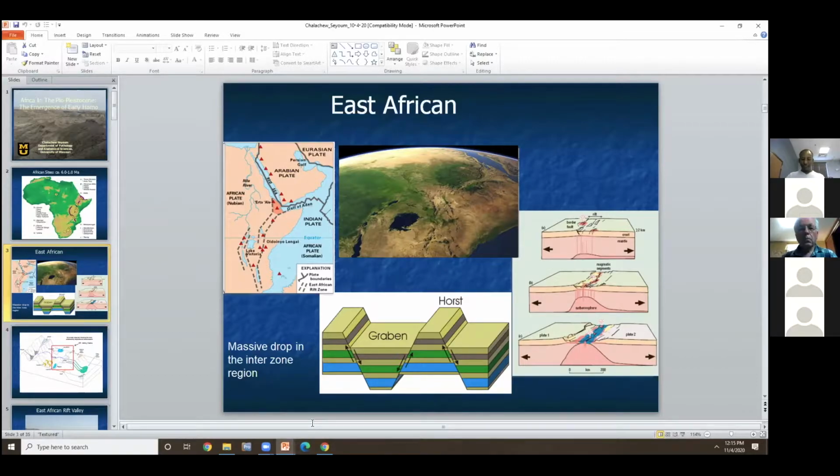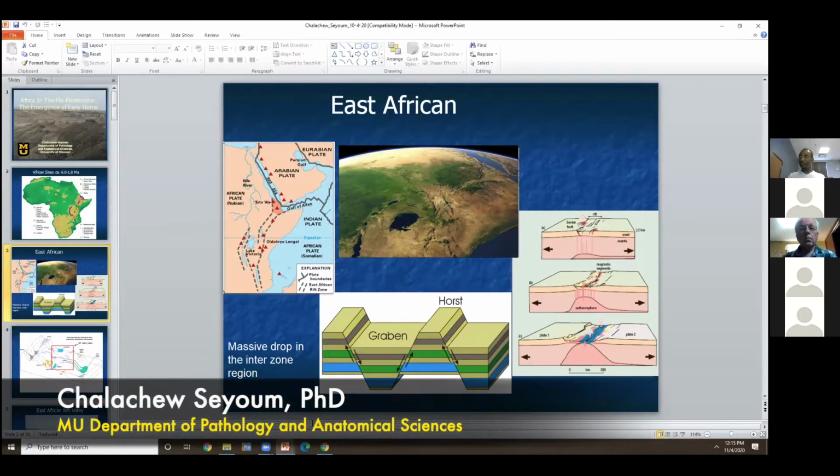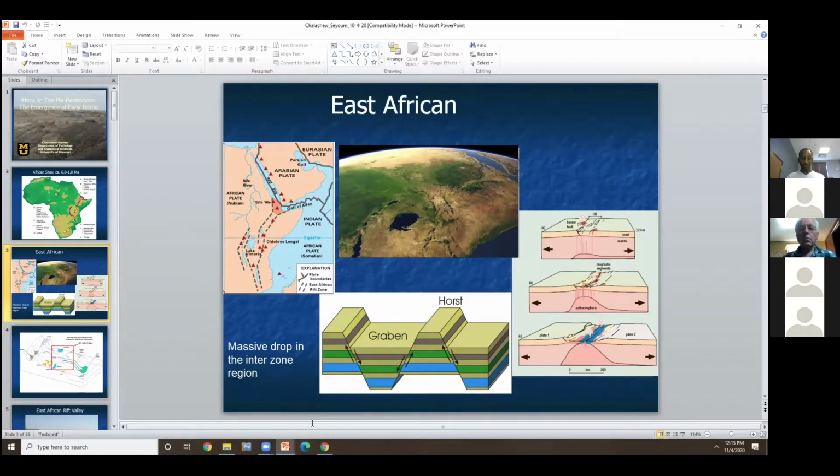This reached an elevation of 1 kilometer, and in the early Oligocene it reached its peak of up to 3.5 kilometers. As a result of tectonic activities along the margin of the Indian plate and the African plate, there was a thinning of crust and graben formation.